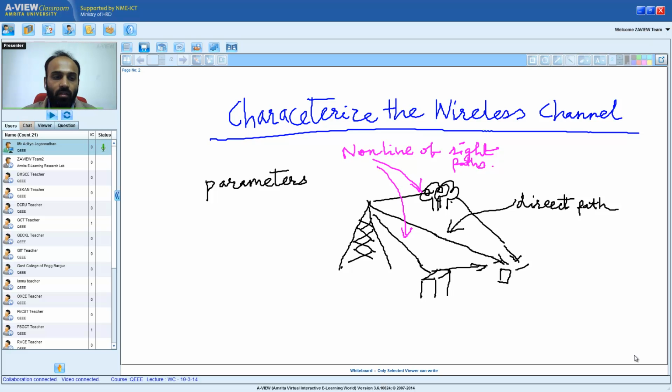So we have a direct path or a line of sight path, and we have several non-line of sight paths. And these non-line of sight paths arise because of the scatterers. For instance, there are these trees and buildings which reflect or scatter the wireless signal. These are known as scatterers. Alright, so there are several scatterers in the path. So this is the base station.